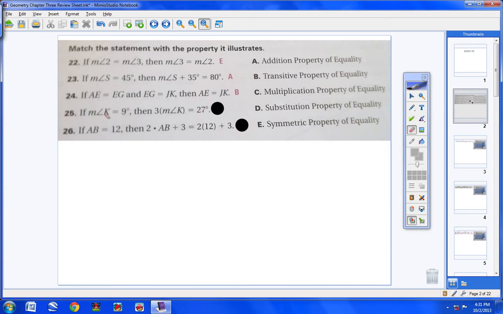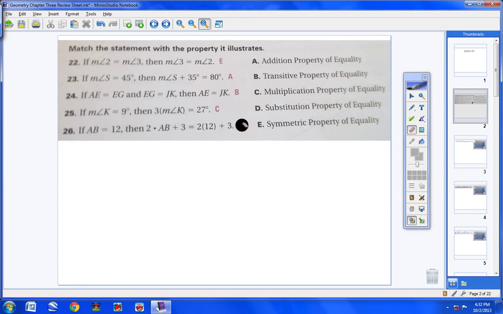If the measure of angle K equals 9, then 3 times the measure of angle K equals 27. So they took one side, they multiplied it by 3. They took the other side, they multiplied it by 3. So they multiplied both sides by 3. That's called the multiplication or multiplicative property of equality, letter C. And then of course the only letter left so far is D.